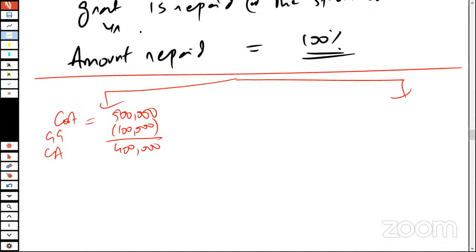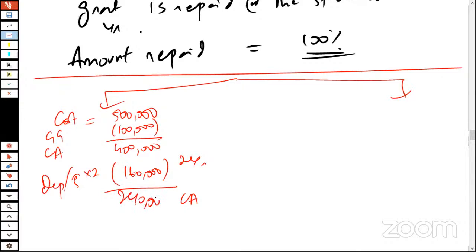And then if there would have been depreciation over a period of 5 years, and we multiply by 2, the 2 year depreciation would have been 400,000 divided by 5 multiplied by 2, 160,000. So you would have had the carrying amount of the asset to be 240,000 at the end of year 2.